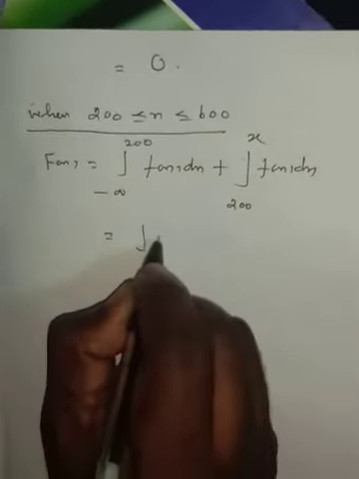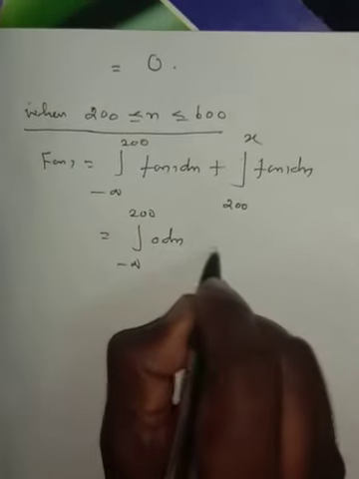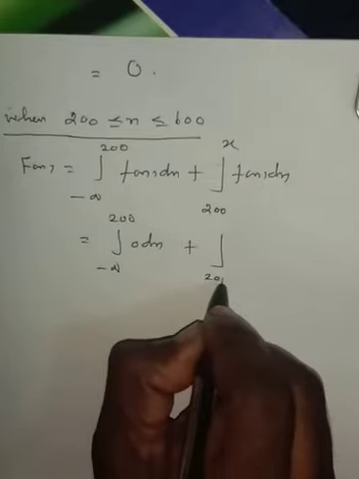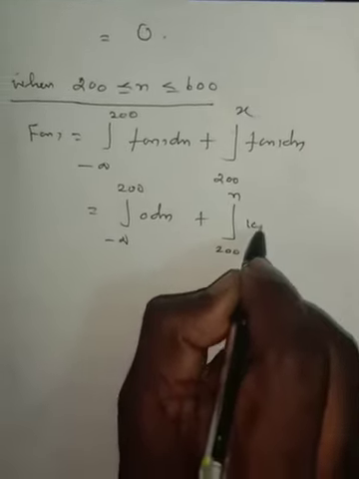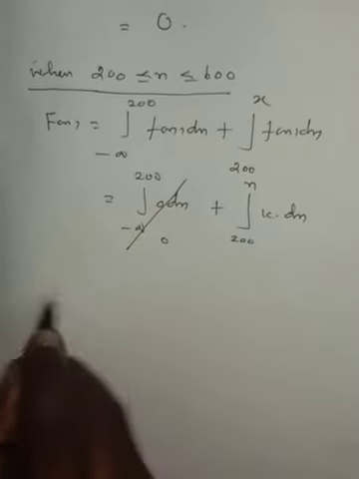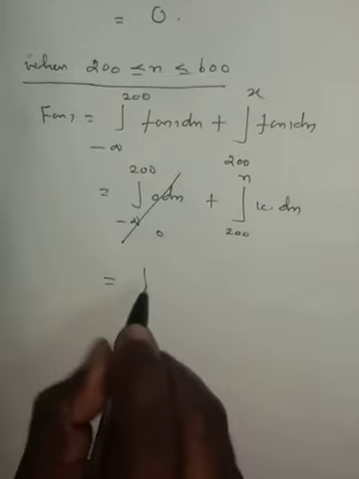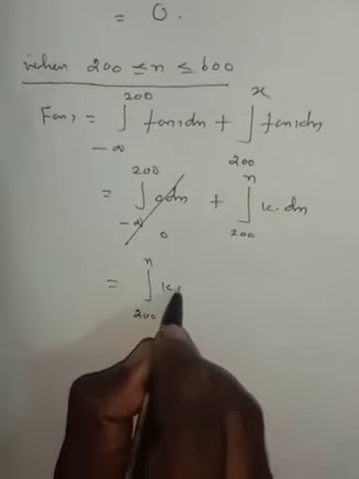So integral 0 dx minus infinity to 200, plus 200 to x, f of x is in this case k dx, is equal to integral 200 to x k dx.